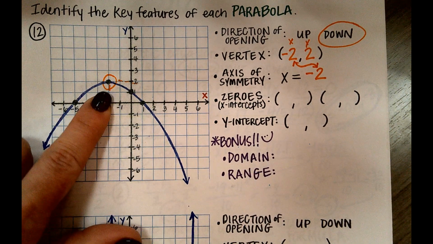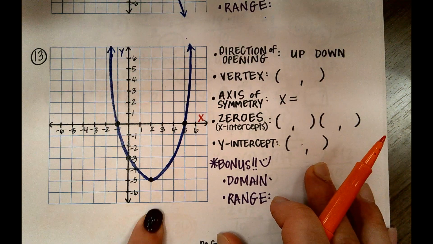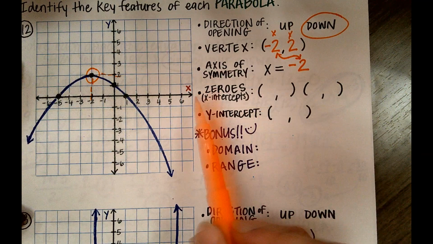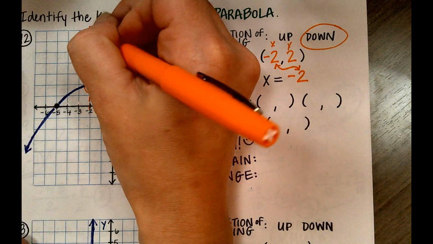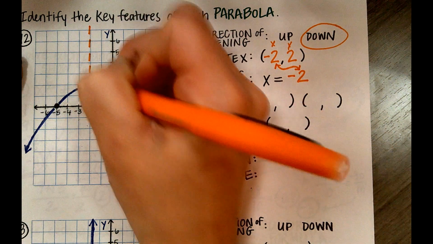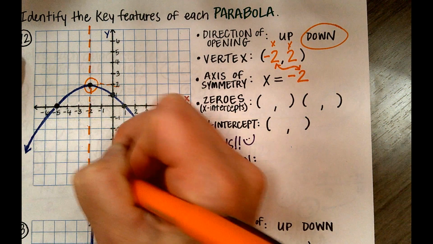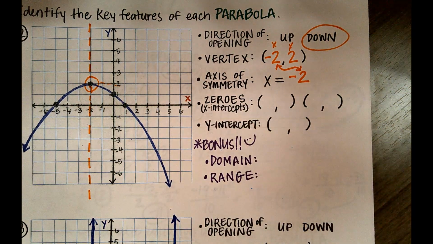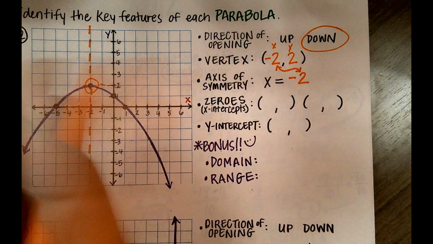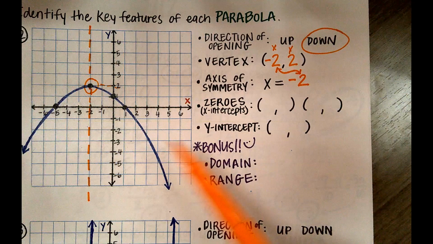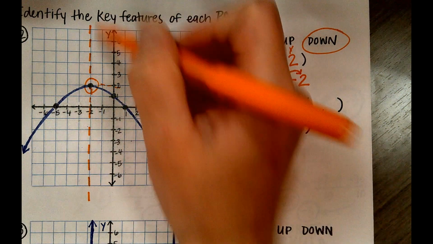It will either be your highest point or your lowest point, and it'll be right in the middle. And then the axis of symmetry is the dotted line that is the part where this is symmetrical, where it's equal on both sides. So if I folded this in half, these points would all match up. So this is like the reflection line.